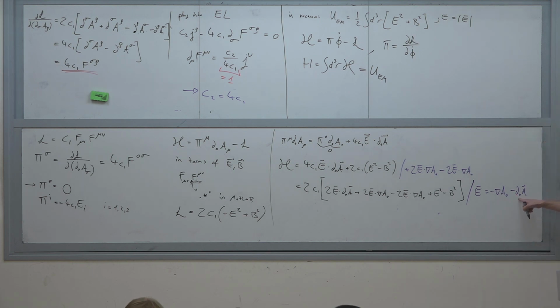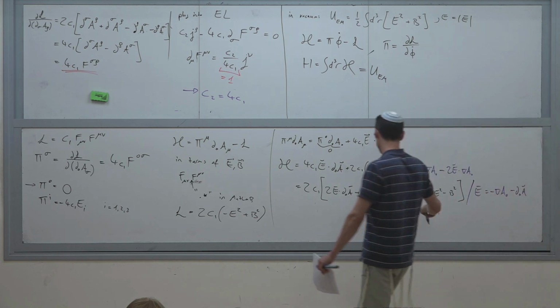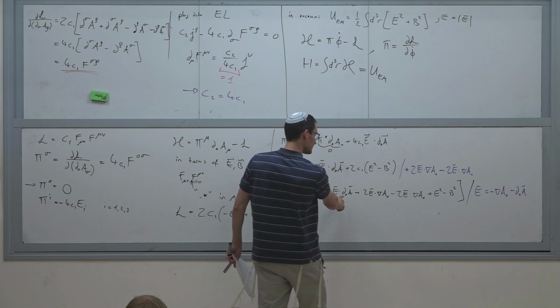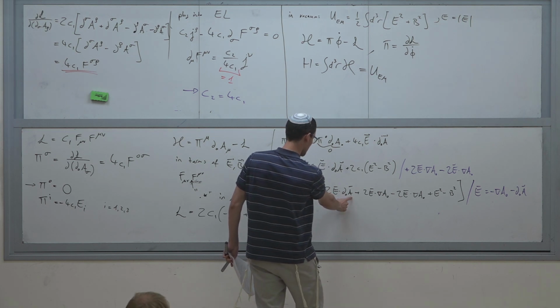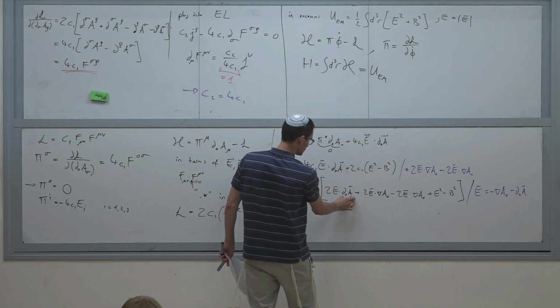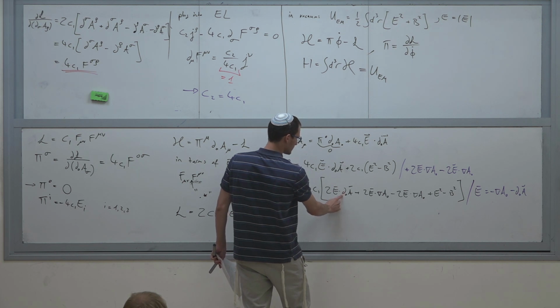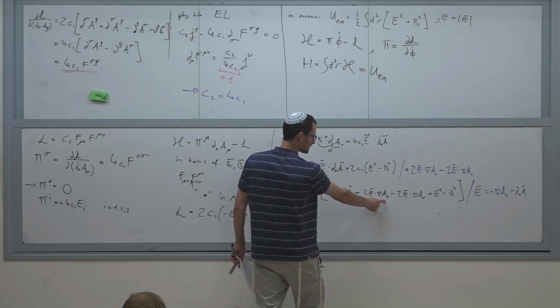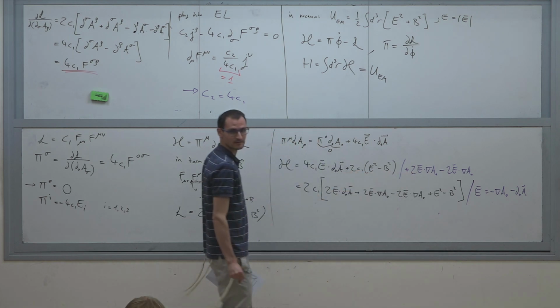So we can now plug this in. You see ∂_0 A appears here, with the same 2E. So this comes outside, and you get ∂_0 A plus the gradient of A0, that's just minus the electric field.